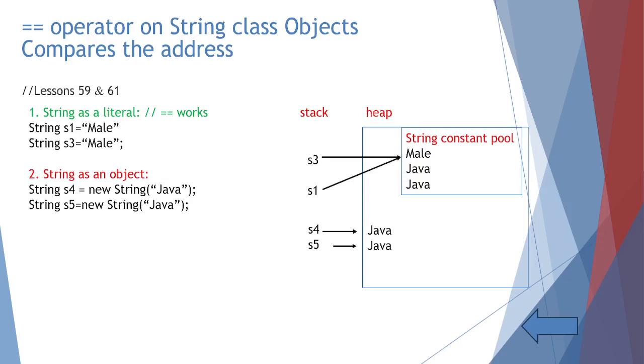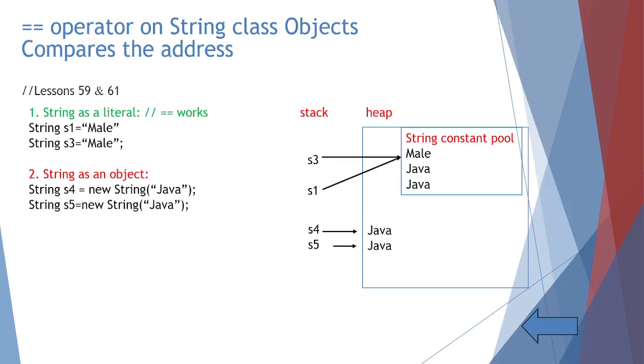Both the addresses are not the same. So if we use S4 double equals S5, it returns false, although the contents are "Java" only, because double equals checks the address. S4 is pointing at some other address and S5 is pointing at some other address. Both the addresses are not the same, so it returns false.